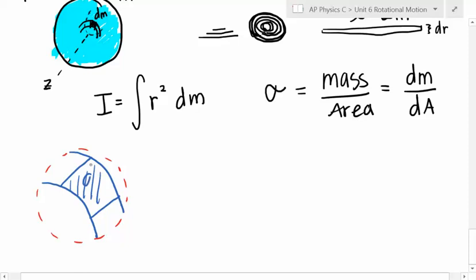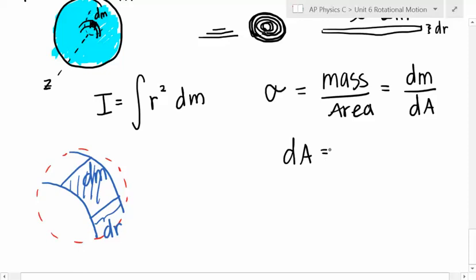That is our dm, and it has a little thickness dr. And I'm going to build this up as lots and lots of little hoops with a slightly bigger radius, a slightly bigger radius, a slightly bigger radius, until I finally get the full shape. Okay, now dA.